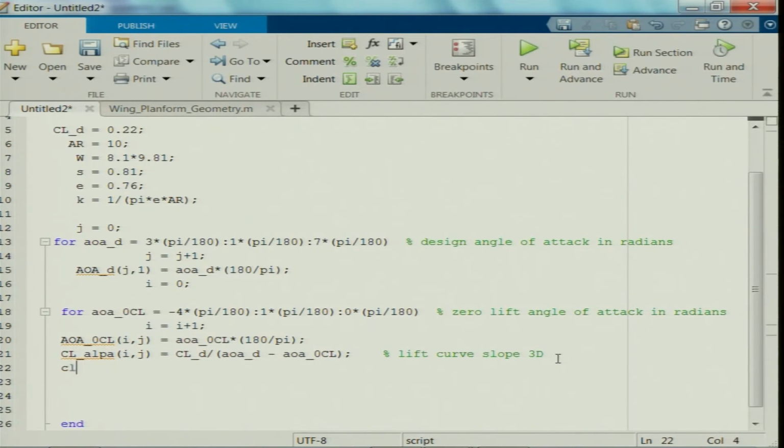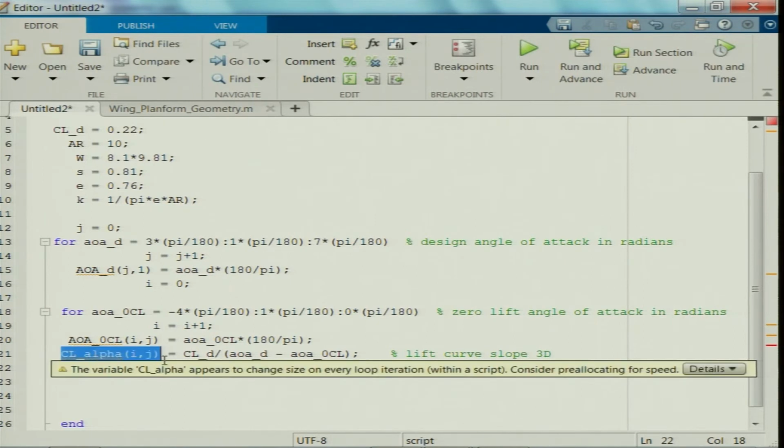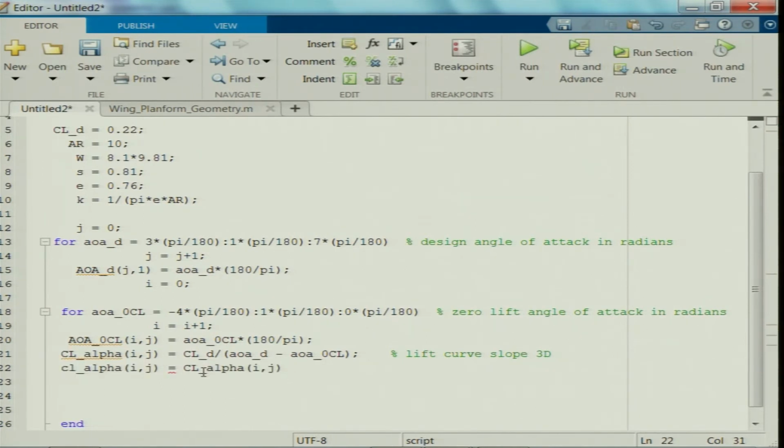CL, so let us make it small letters, CL underscore alpha, which talks about the 2D case. So, this is like CL alpha 2D for that particular iteration upon 1 minus CL alpha 2D upon pi E AR.